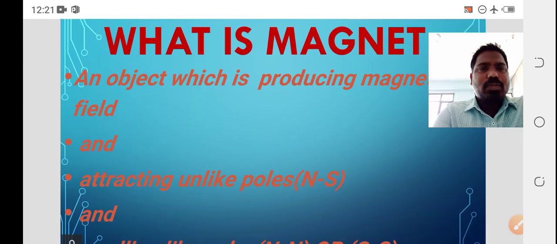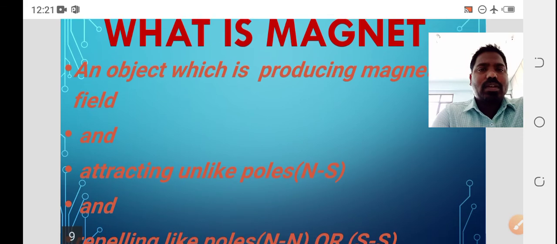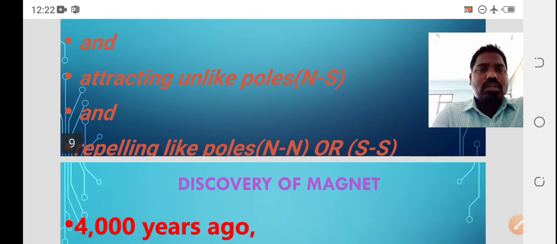An object which is producing a magnetic field, attracting unlike poles like north to south, and repelling like poles, north to north or south to south.